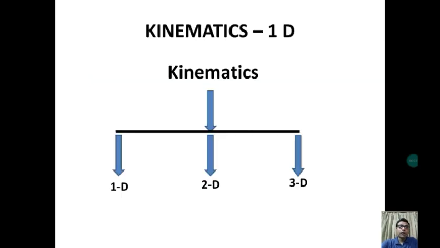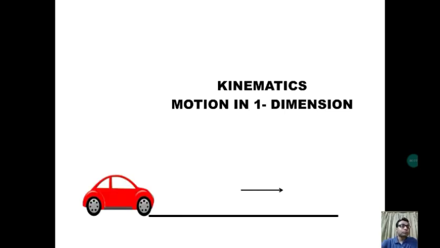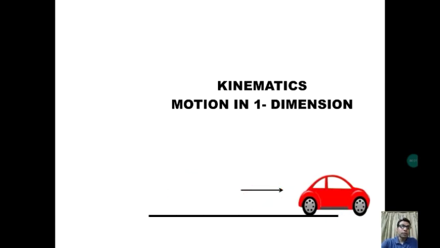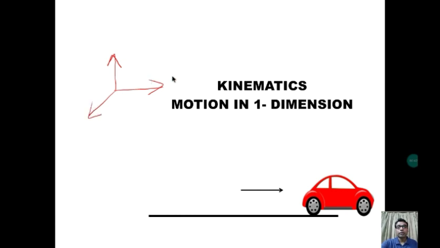In this lecture, we are going to take only the one dimension studies that cover the motion in one dimension. As you can see, a car is moving in a particular direction. What does it mean? It means that it is moving either in x direction, y direction, or z direction.